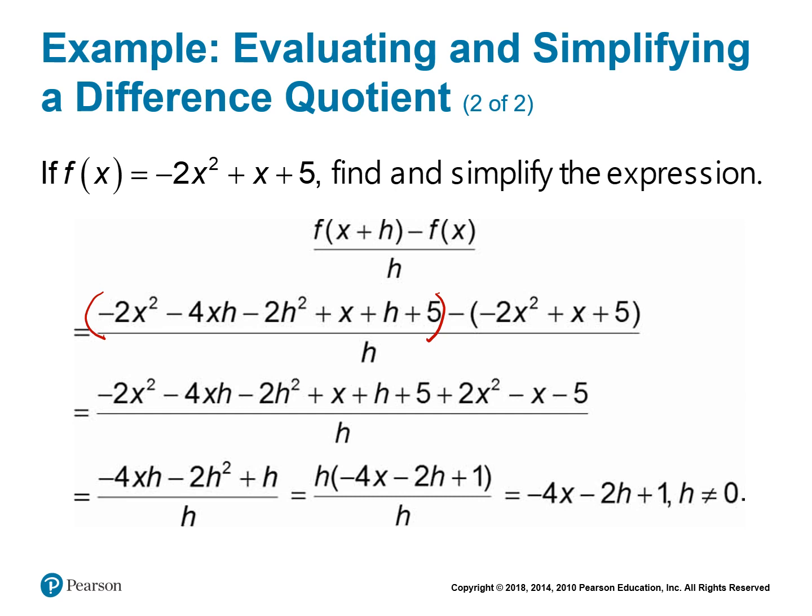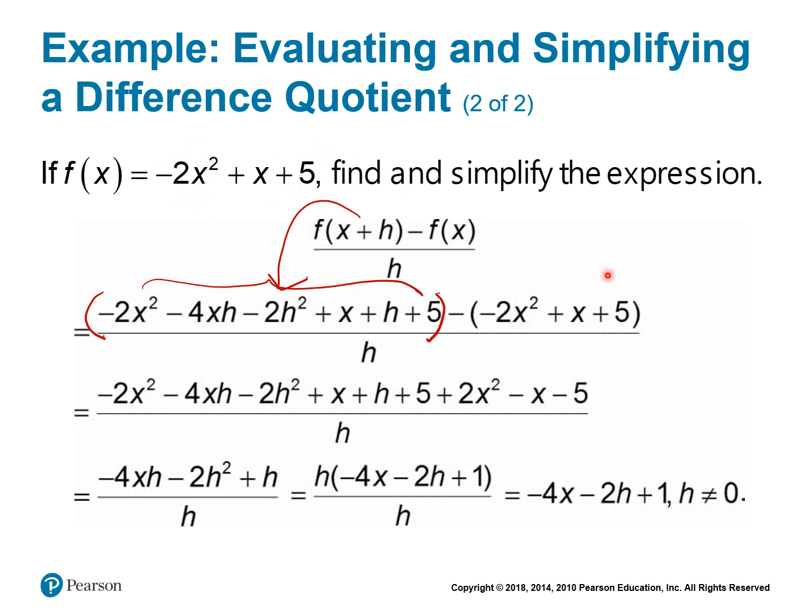This entire expression was for f of x plus h. So we replace f of x plus h with this expression, and then minus f of x, which was minus 2x squared plus x plus 5.